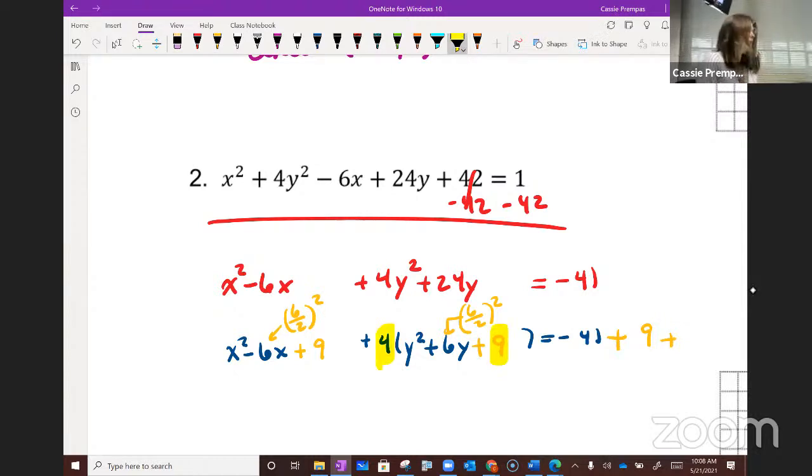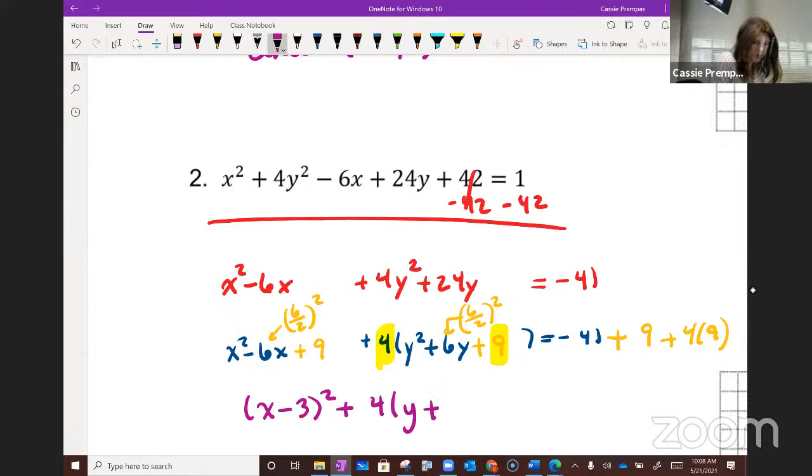Good, 4 times 9, which indeed is 36. And now I can factor this down. So this will create an x minus 3 squared plus 4 times quantity y plus 3 squared is equal to, and now I need to add these up, -41 plus 9 gives me -32, plus 36 is 4, I believe.